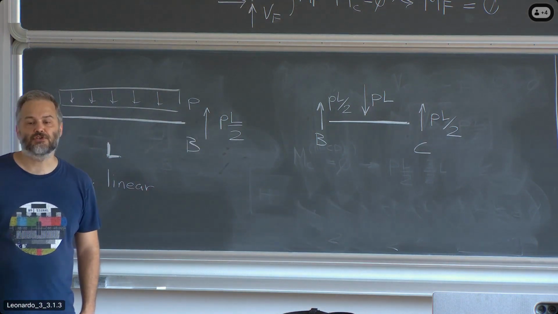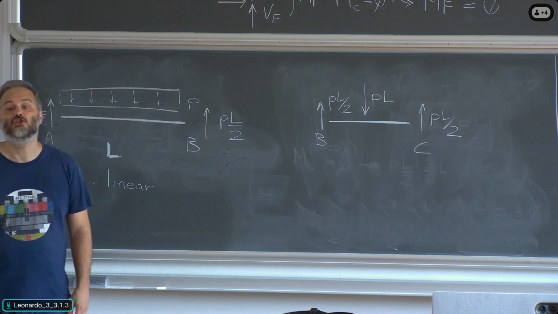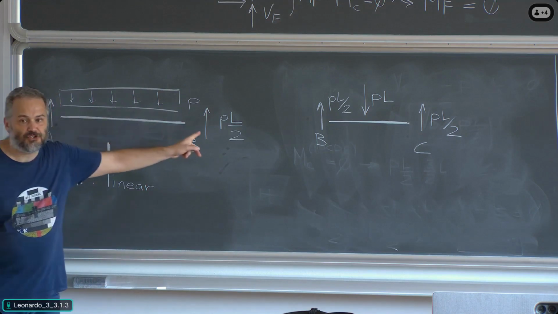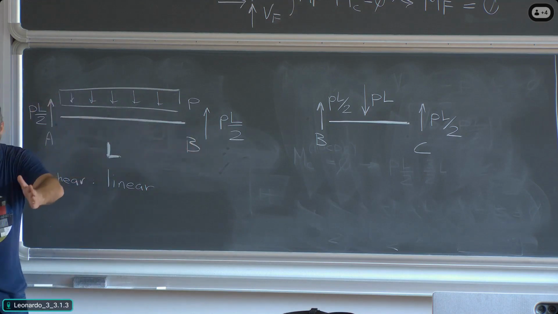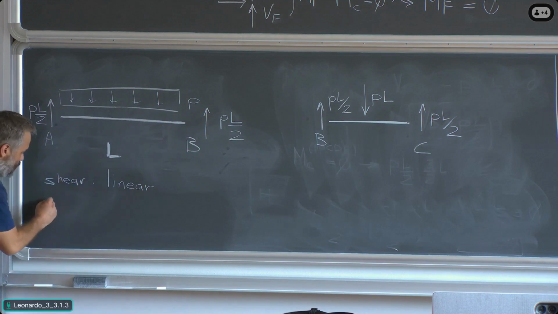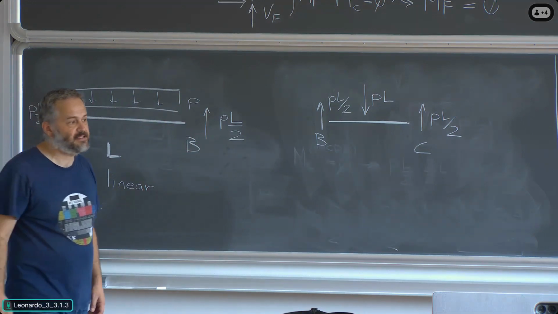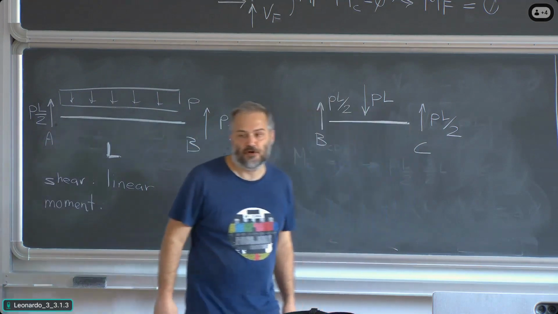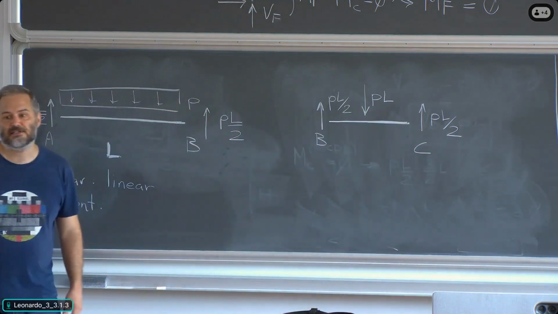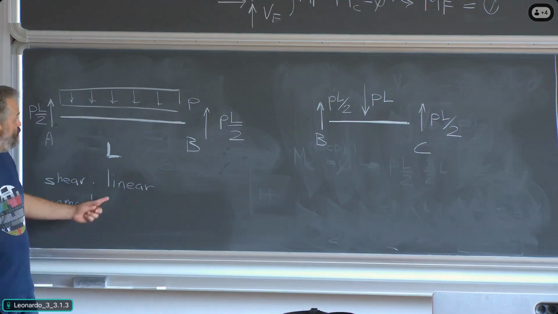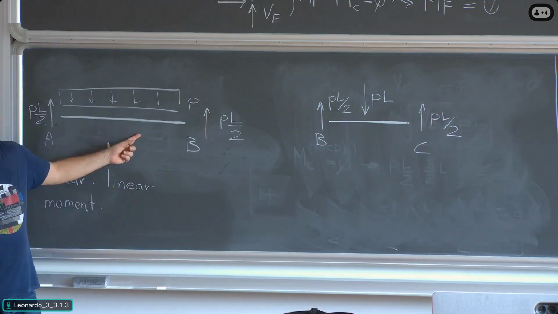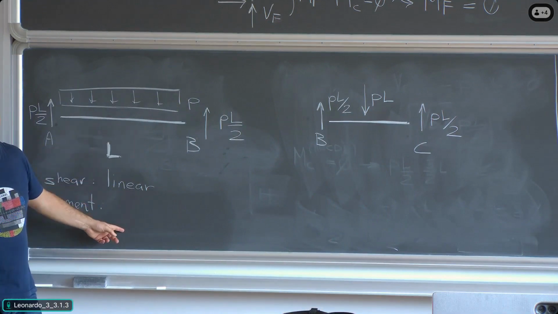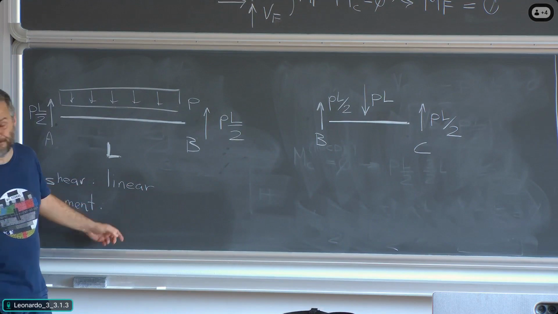Will there be discontinuities in the shear force diagram? No, because there is no concentrated load applied in the middle. What will the bending moment be? As I said during the classes, there is a mathematical relation between bending moment and shear force. You don't need to remember this. You need to remember that if you have a distributed load applied, bending moment diagram is expected to be parabolic.